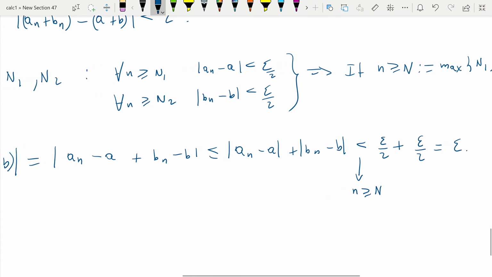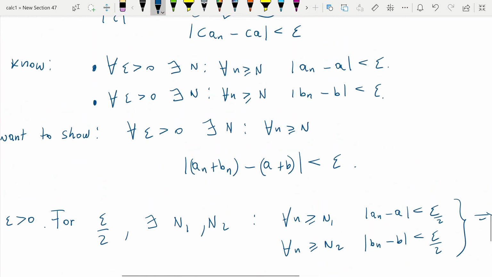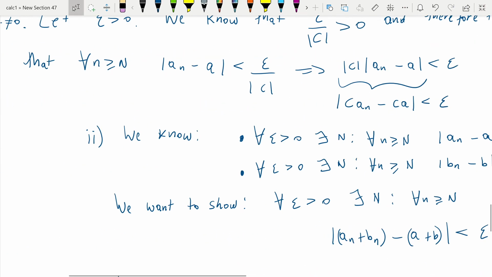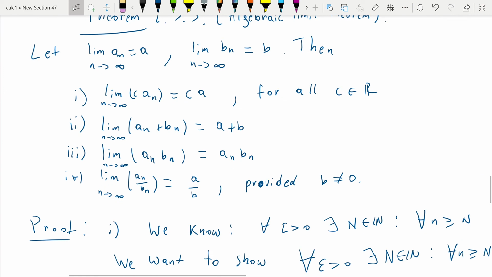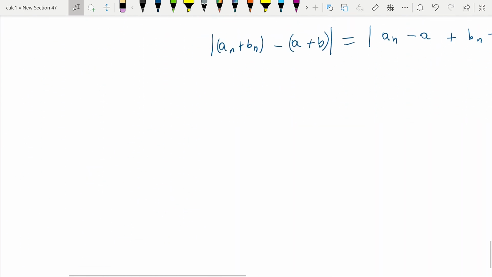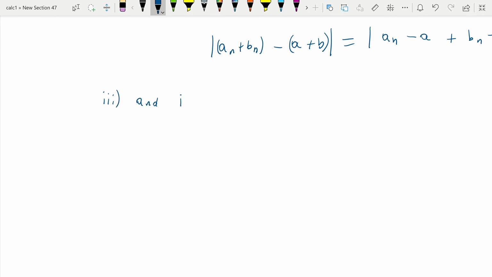So parts 3 and 4, the product and quotient, are going to be left to you as exercises. The proofs are left as exercises.